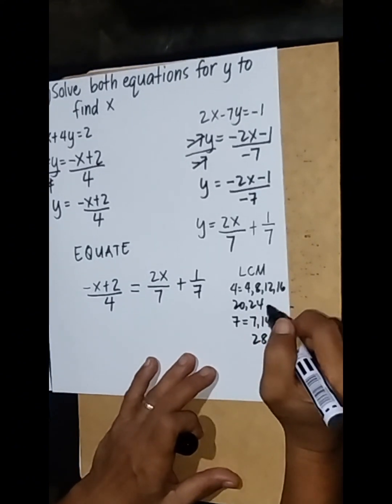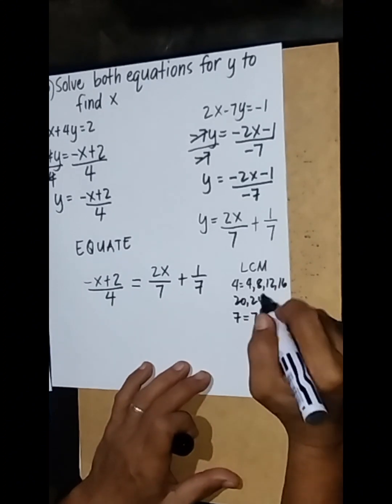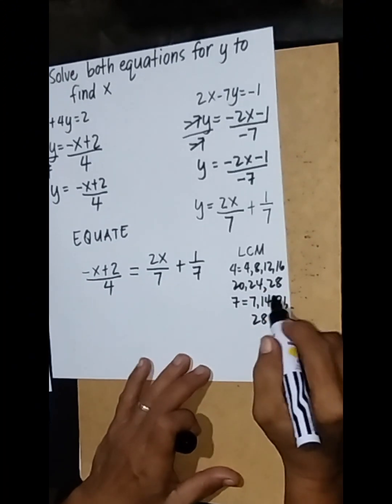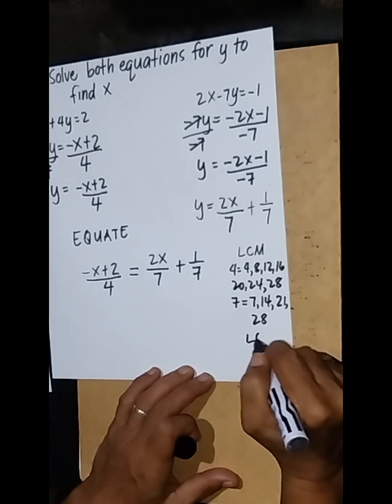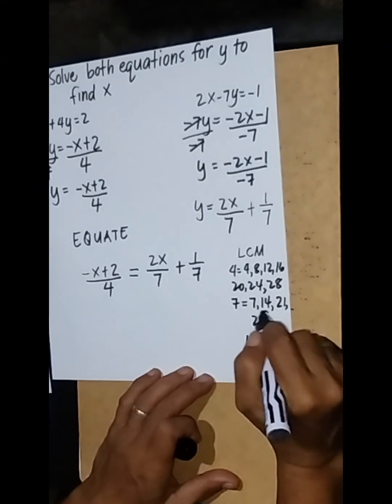So, we don't have a common multiple yet. Let's continue with denominator 4. 24 plus 4 is 28. So, we now have our LCD. Our LCD is 28.